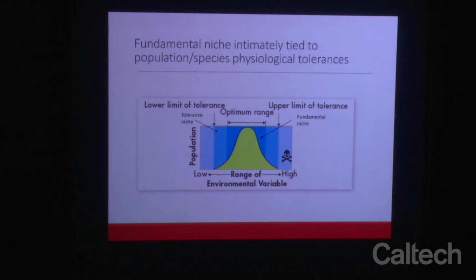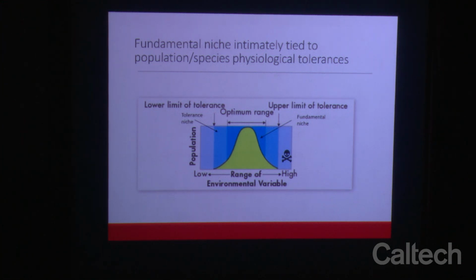tied to thinking about individual population and species physiological tolerances, and we can think about the optimum range for a population to persist across the environment, where that would support population growth. And the optimal range is a key part of the fundamental niche, and you may have these tolerance areas in the space of environmental variables where a taxon can persist but not necessarily grow, or we can consider those more maybe as sink areas across geographic space.